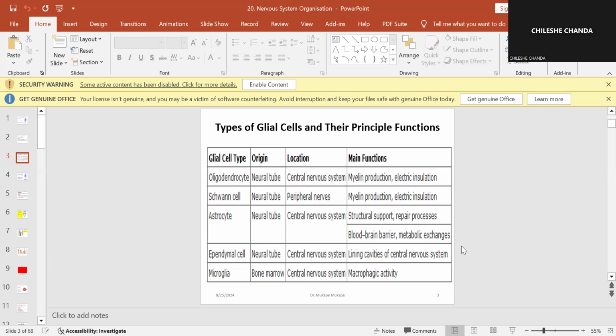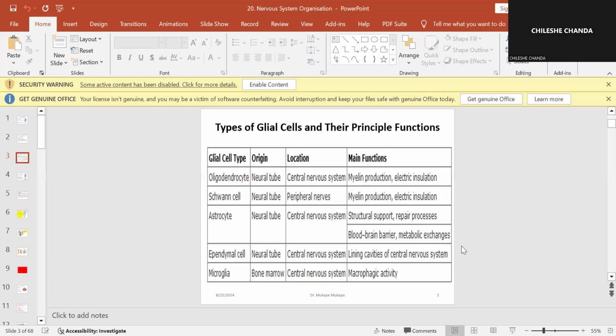The oligodendrocytes are located in the central nervous system, that is, in the brain and the spinal cord. Their main function is to provide myelination to the neurons.